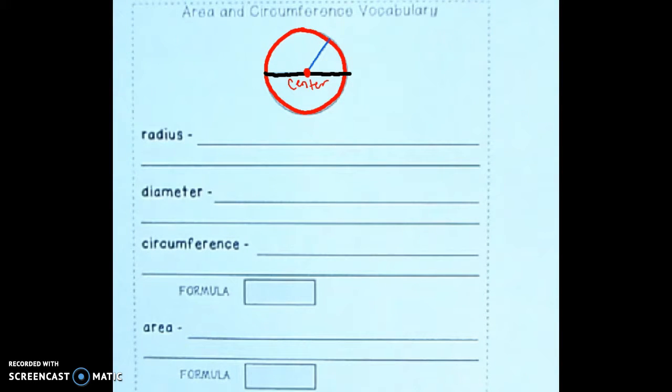All right, so the radius is what I outlined in blue. This is my radius.